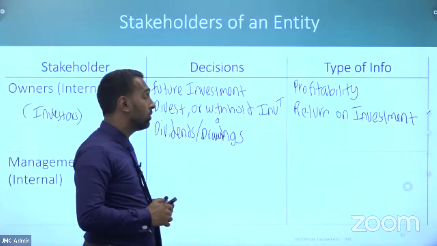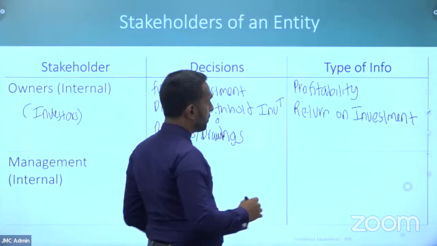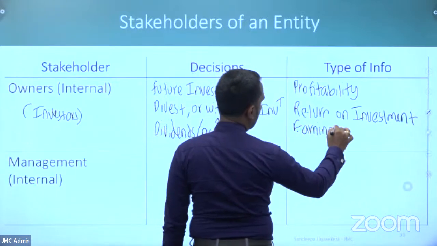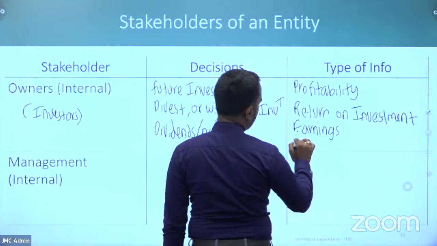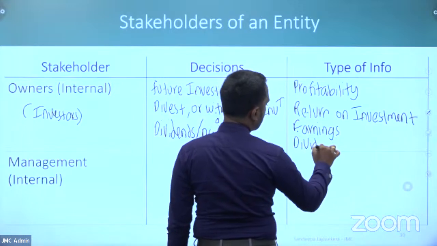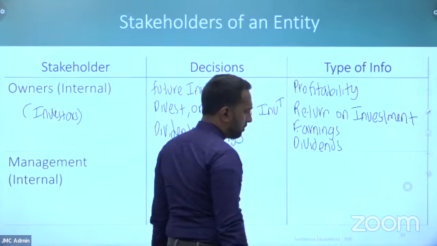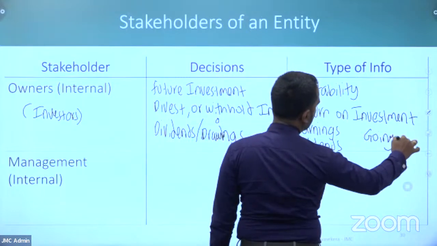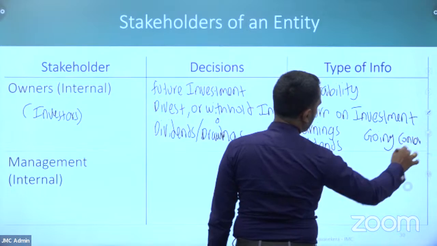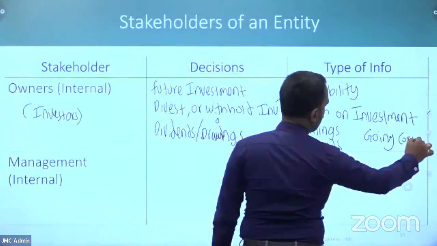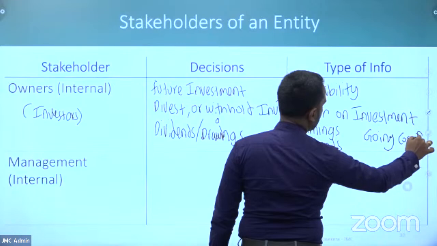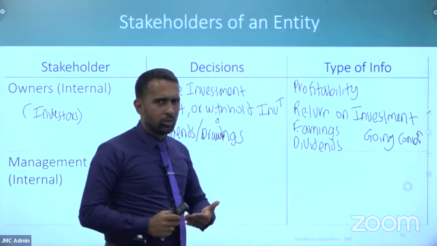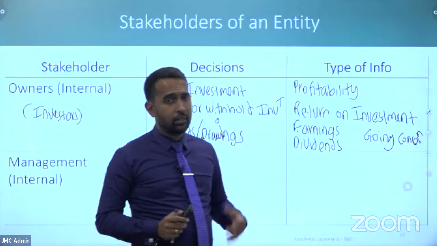They need to know. And they may need to know the earnings per share, how much earnings, and the dividend-related information. Whether the business is going to continue, we call it going concern. They need information about whether the business is going to continue, the going concern, right? So that is the information they need.